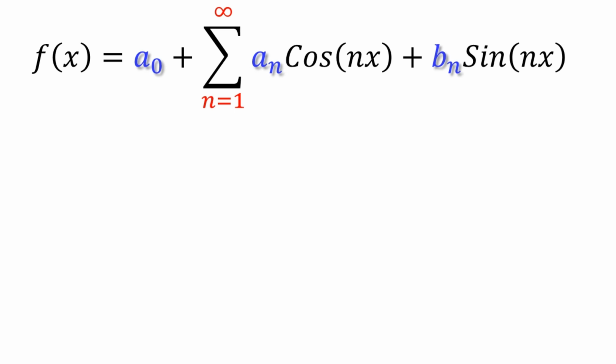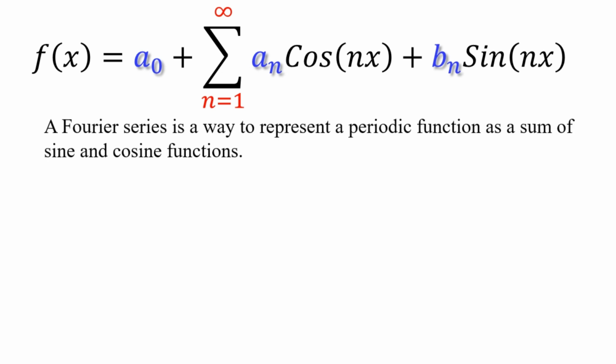But there are some key points here. Number one, we should always remember that the Fourier series is just a representation of a periodic function as a sum of sine and cosine. Throughout this course, we shall be dealing with only cos and sine. We are even going to have something like the Fourier sine series and the Fourier cosine series.